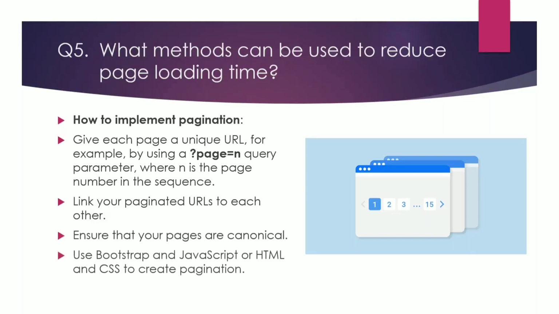And you should ensure that pages are ordered properly. And you can use Bootstrap or JavaScript or HTML, CSS to create pagination. Like this kind of thing, you can use Bootstrap to display it. Okay. So this is all about pagination. This is one of the most important methods to reduce page loading time.